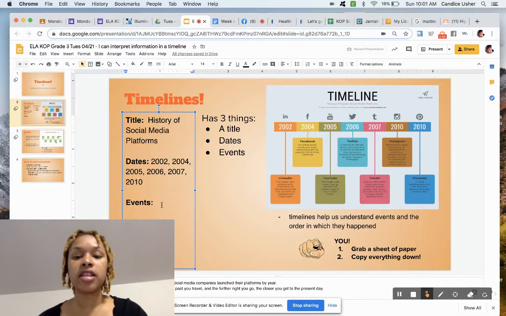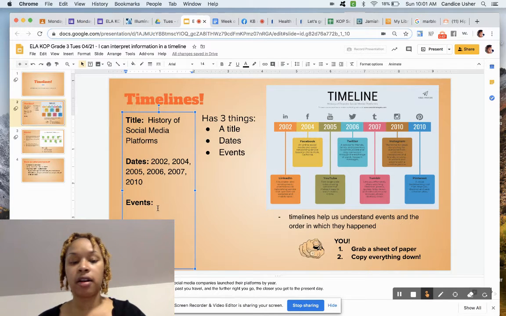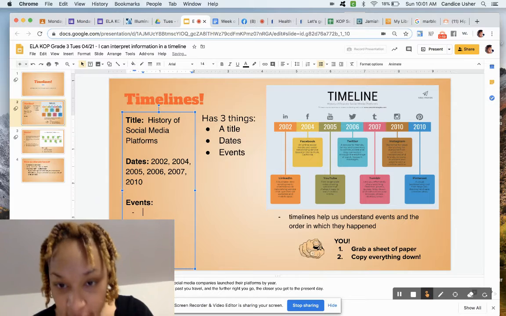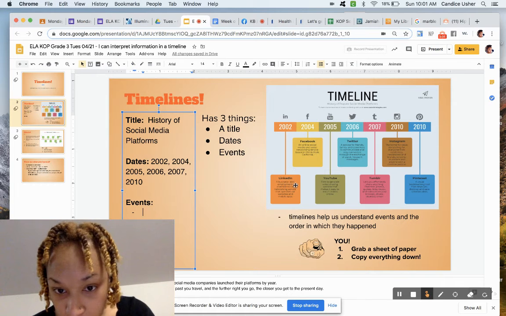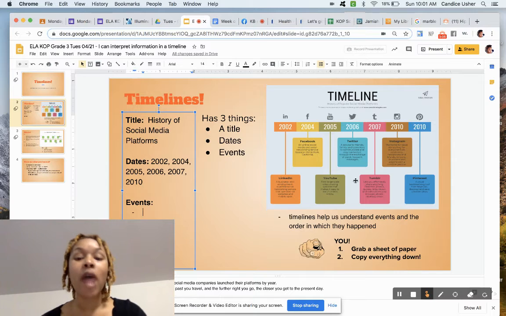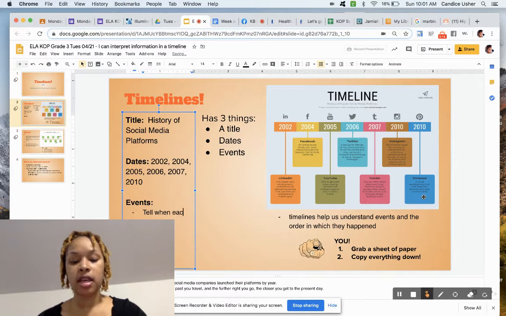Okay, so the events on here, it looks like the events are telling when each social media platform began or started. So the events tell when each social media platform got started.